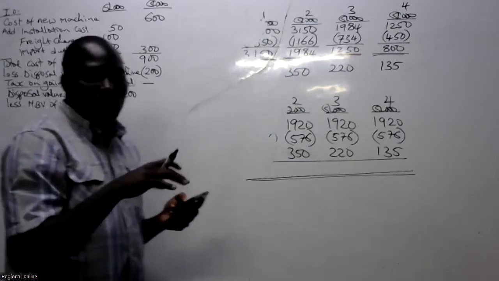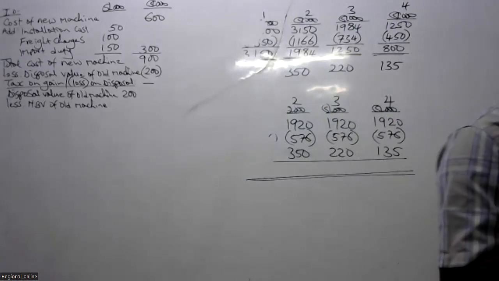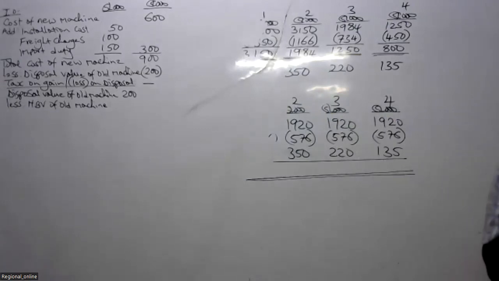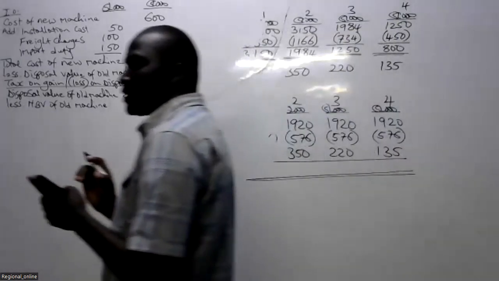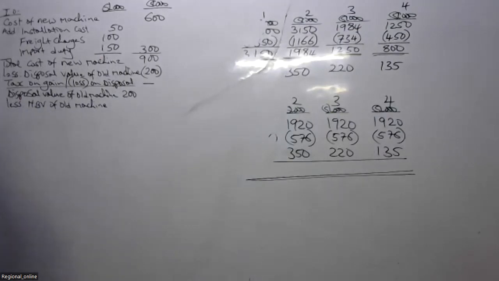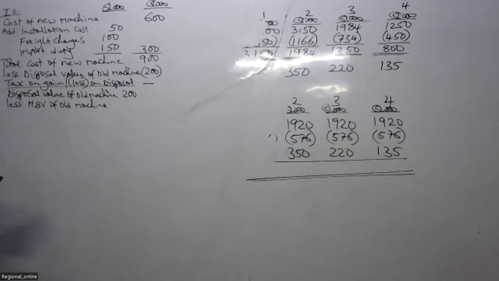What is its net book value today? It is after how long? After 2 years, thank you. What was the cost 2 years ago? The cost 2 years ago was 500, right? So cost minus accumulated depreciation.